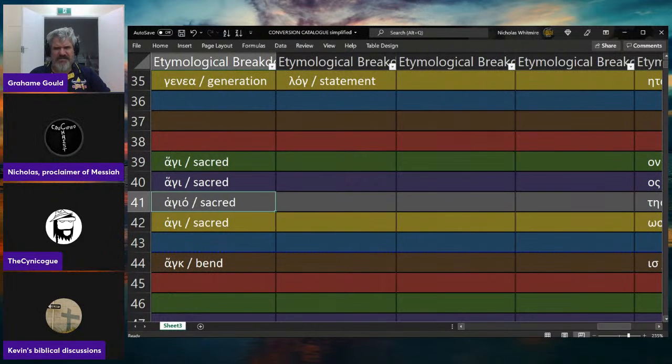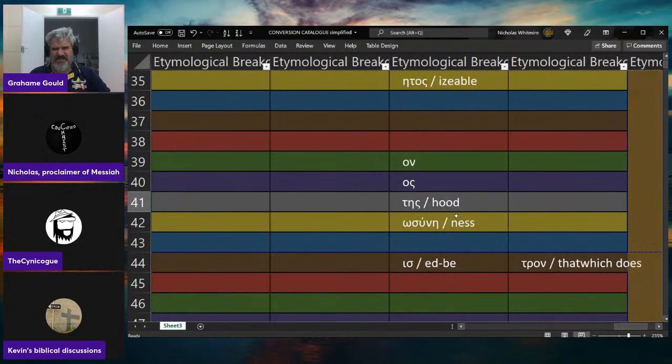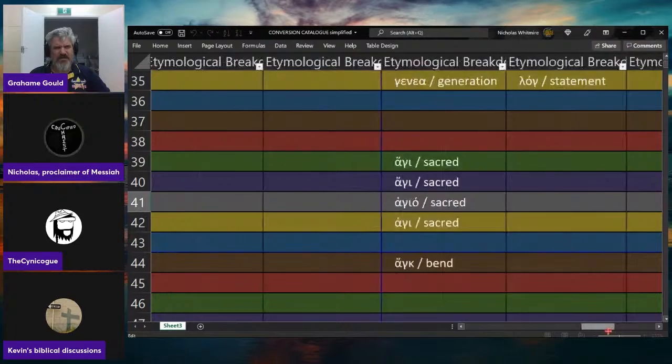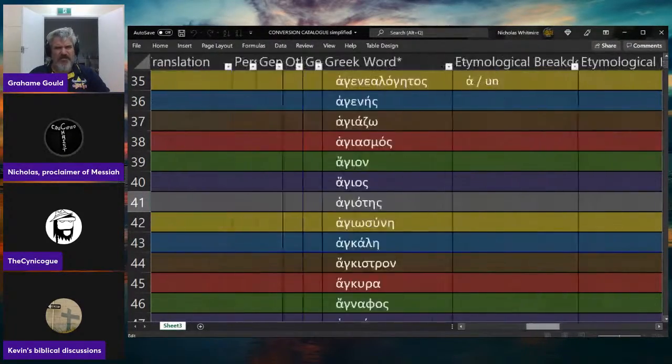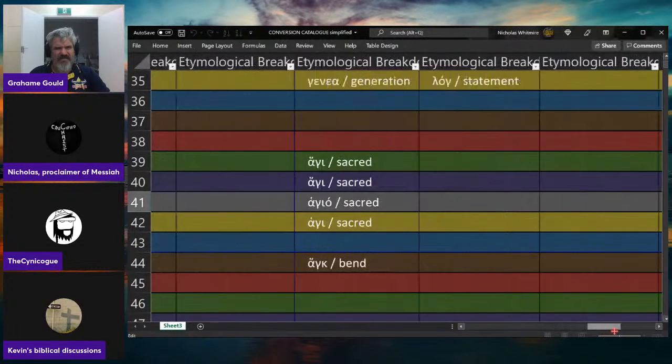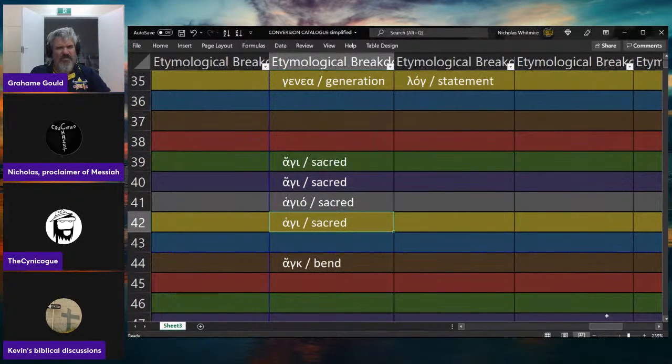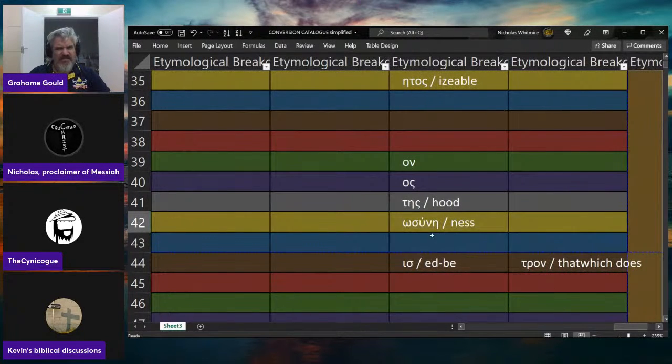But then here we have agia for sacred, and then tes is a suffix that I translate as hood, so it means sacred hood. Yeah, and then the next word is very similar because it's agi, which is sacred, but then the suffix at the end is osane, which roughly means ness, so sacredness.